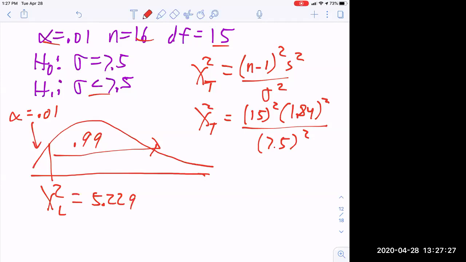So let's do our calculator on this. And absolutely, I screwed this up because you're telling me, wait a minute, why is that in there?